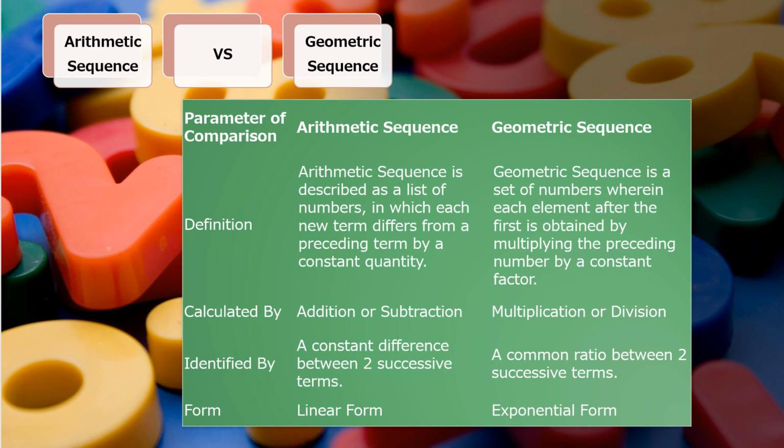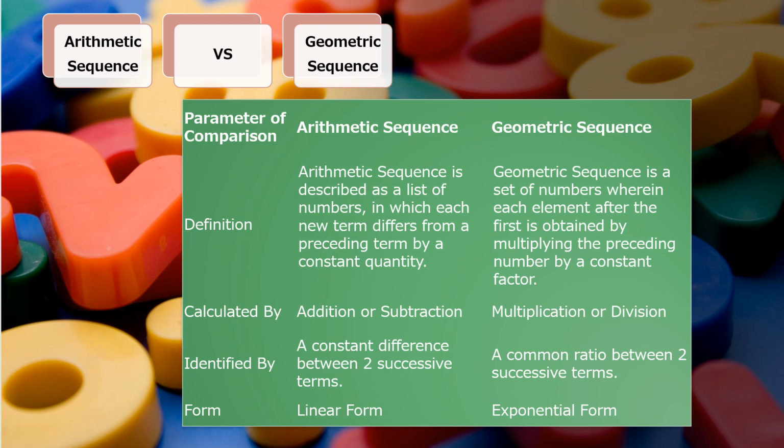A geometric sequence is a set of numbers wherein each element after the first is obtained by multiplying the preceding number by a constant factor. Calculated by: arithmetic sequence, addition or subtraction; geometric sequence, multiplication or division.